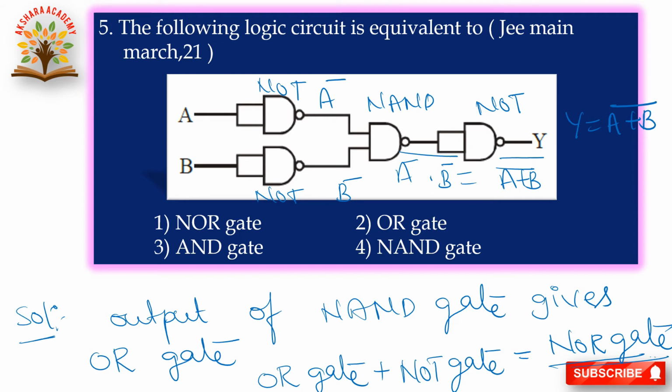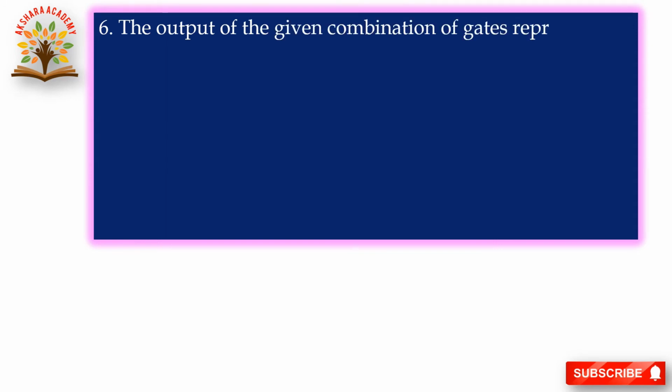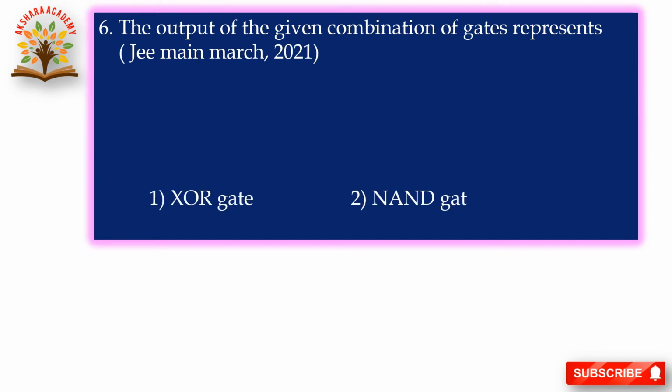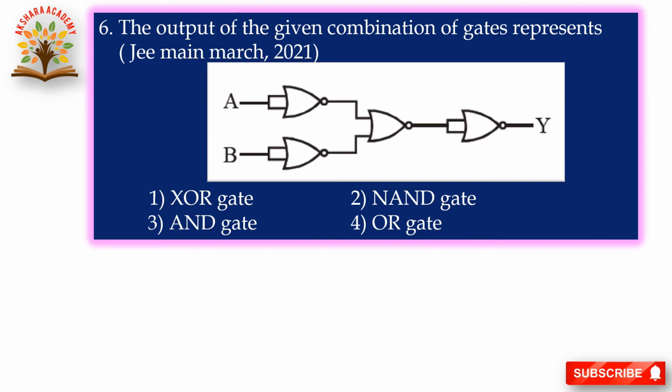Okay, next we will go to the next question. The output of the given combination of gates represents, now we will discuss. This is A and this is a NOT gate, which gives A bar, and this is also a NOT gate, which gives B bar. Now this is NOR.